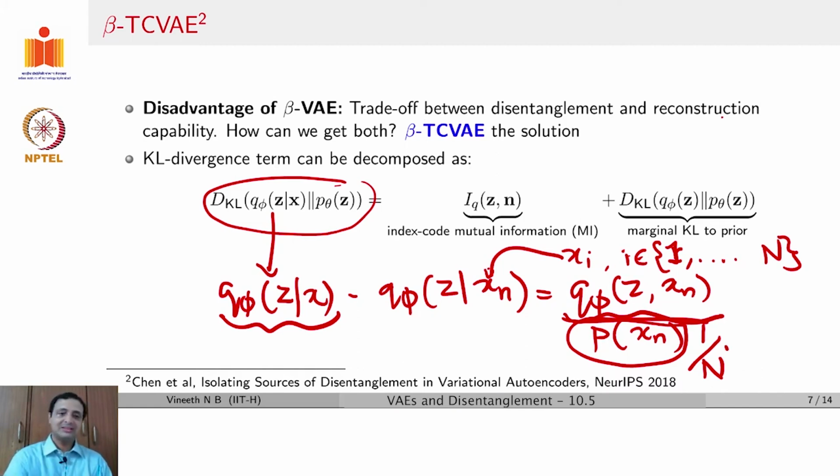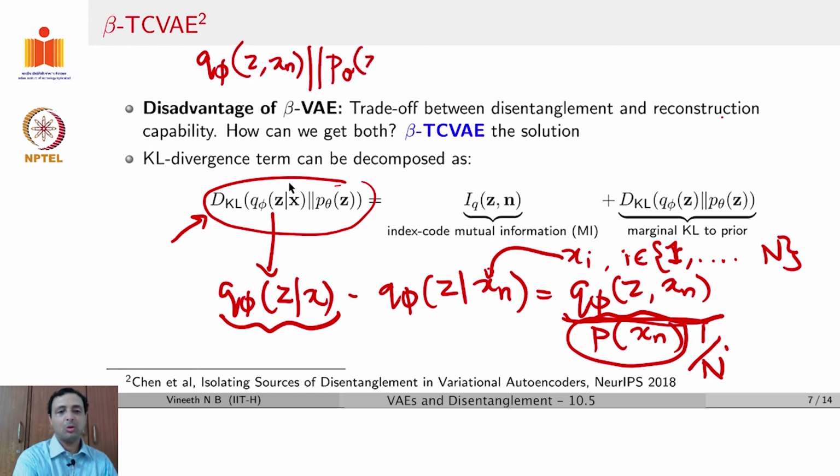This now means that the KL divergence between the approximate posterior and the prior can be written as the KL between q phi of z, xn, the joint, with respect to the prior on z.